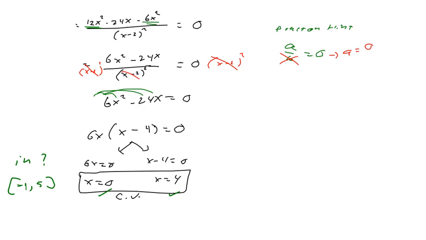Why is 2 a critical value? It's not part of my answer here. G prime of 2. What do you mean G? I don't understand. G prime of 2. What is that? What are you telling me? Why is 2 a critical value?